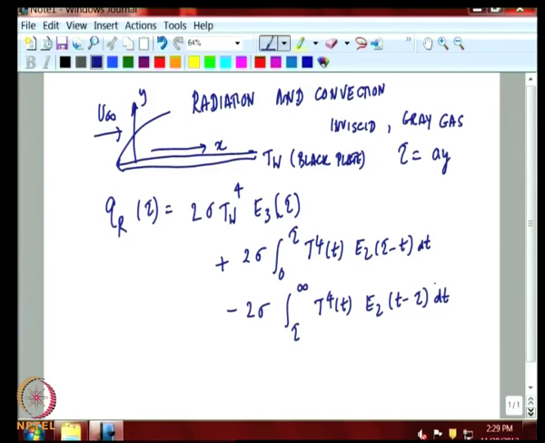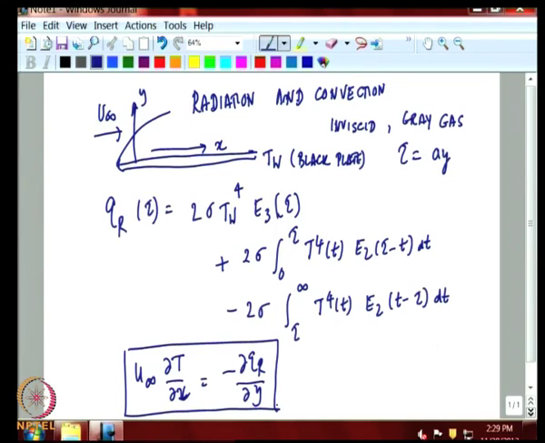So, this is the radiative transfer equation and the corresponding energy balance equation that we are trying to solve, of which the QR expression is right here.